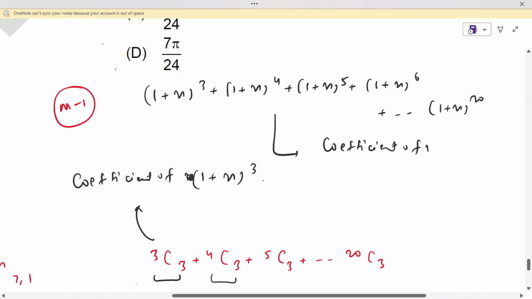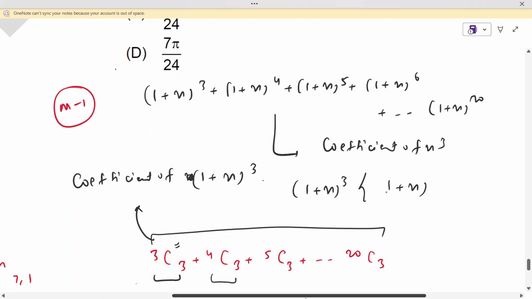Like this is the coefficient of x cube in (1 plus x) to the power 3. So like this you can sum using GP, right? So (1 plus x) cubed into (1 plus x) to the power 18, 18 terms, minus 1, over (1 plus x) minus 1. Got it?